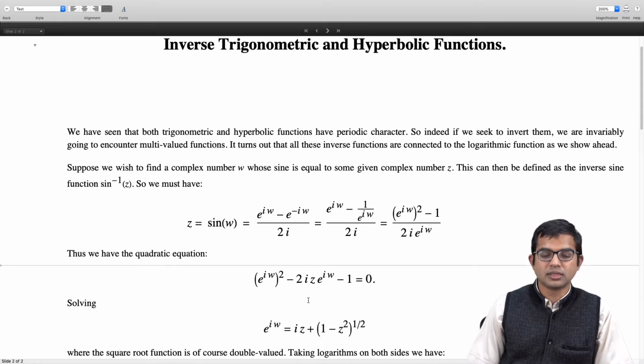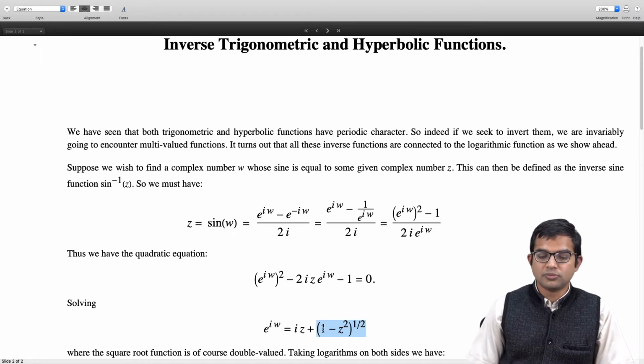So the solution is nothing but minus b, in this case 2iz, so plus or minus. So we don't have to explicitly write down plus or minus, because we understand that this function is a multi-valued function, right? So to the power half means both plus root and negative root, both roots are allowed.